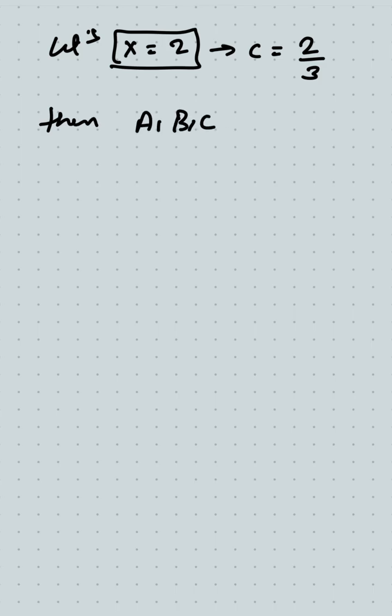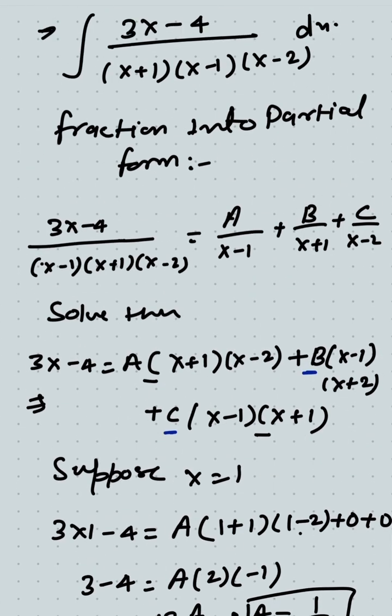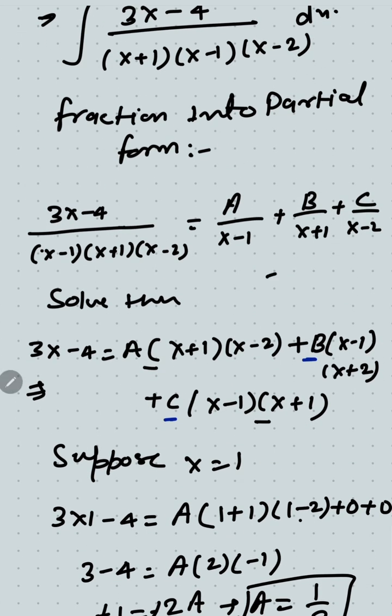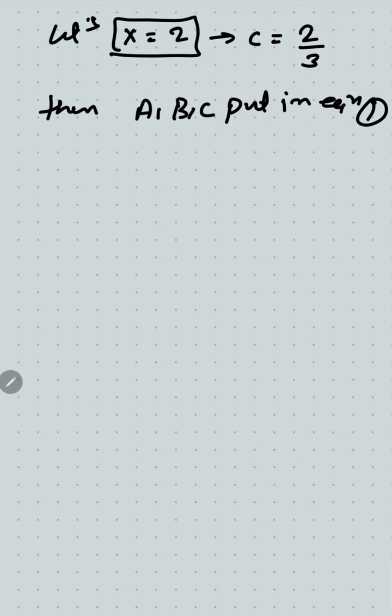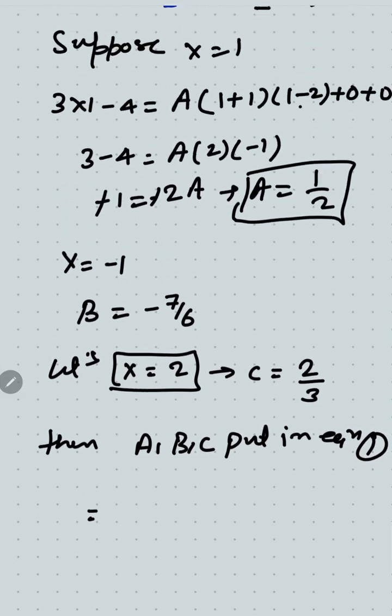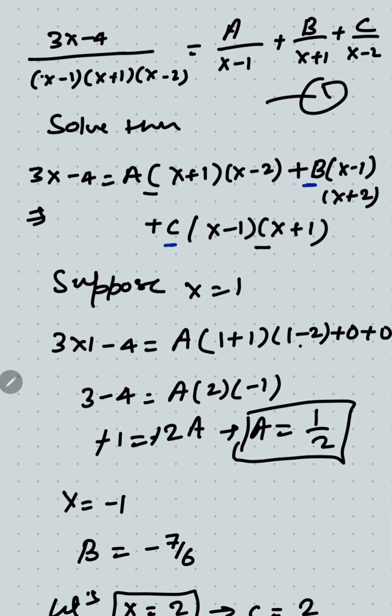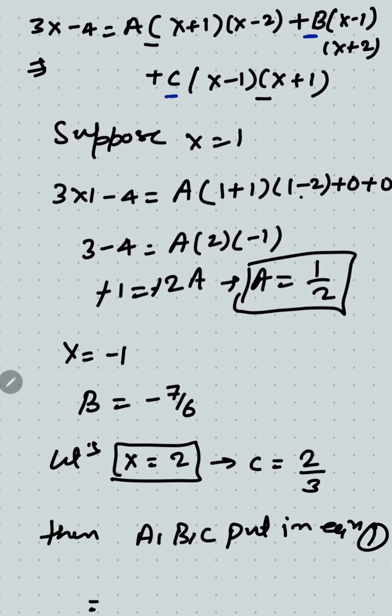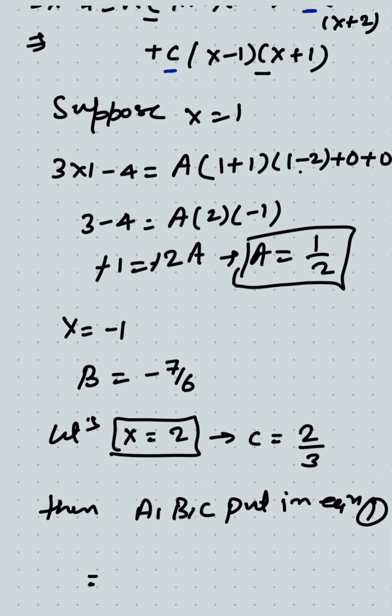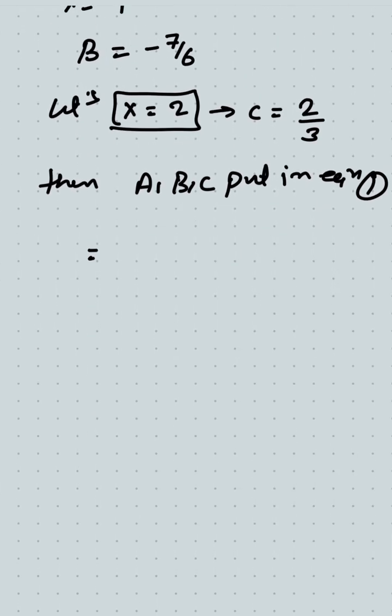Okay, then a, b and c put in the first equation. Now put in the first equation, then a divided by x minus 1 and b divided by x plus 1, and c. Here a equals 1 by 2.